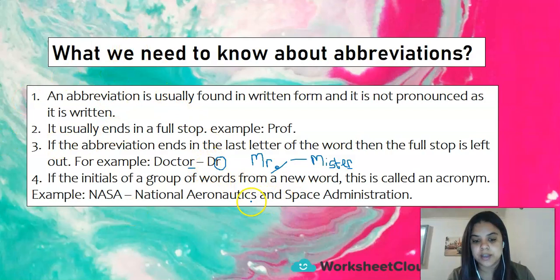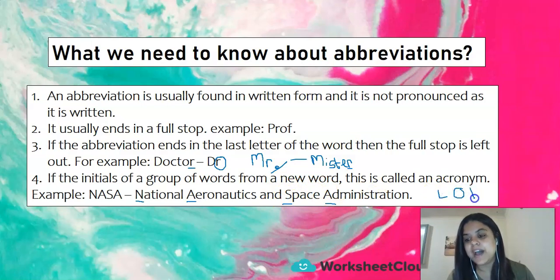They haven't used the and, but they've used all the other words. So they've used the N, A, S, and A. So NASA is now a word that was made up by the initials of each of those words, like the very popular acronym LOL, laugh out loud. Okay, let's move on.